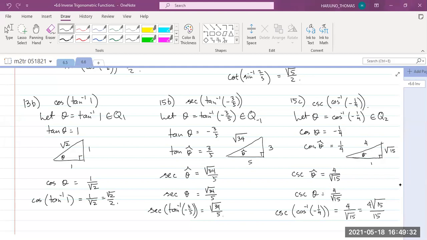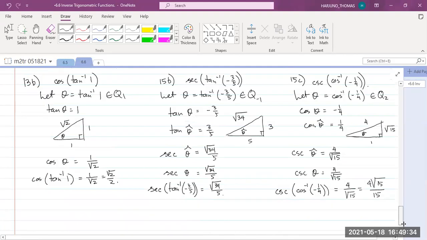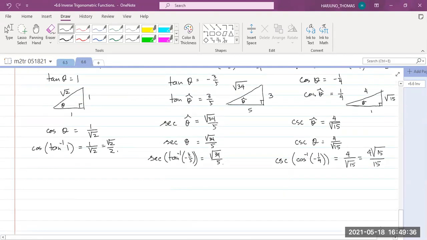Now, let's go on to a slightly more complicated one. Let's say, for example, number 17c. Tangent of tangent inverse of 4/3 plus cosine inverse of 8 over 17.